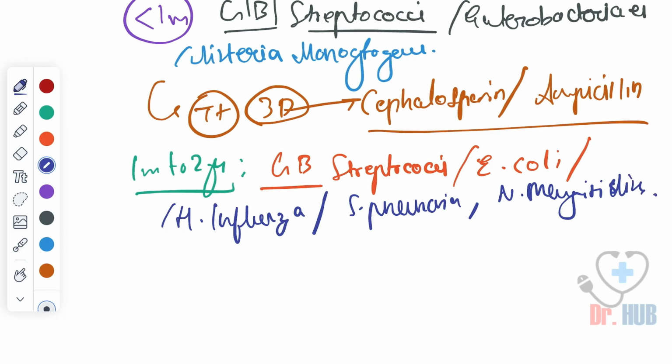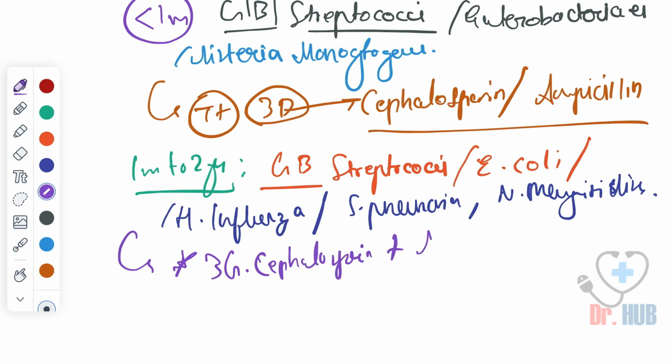So what is the empirical therapy? The therapy includes a third generation cephalosporin plus ampicillin plus vancomycin, in case PRSP is suspected.